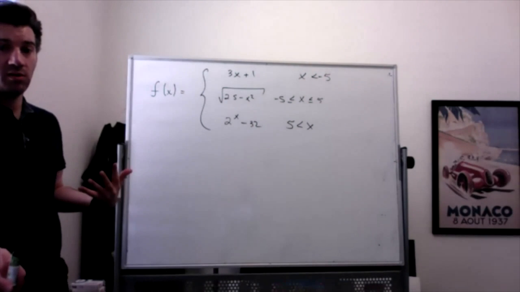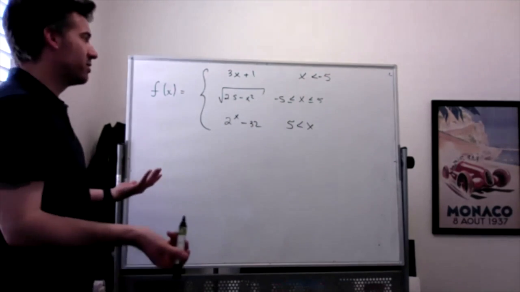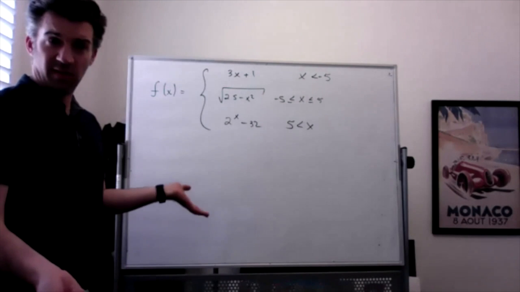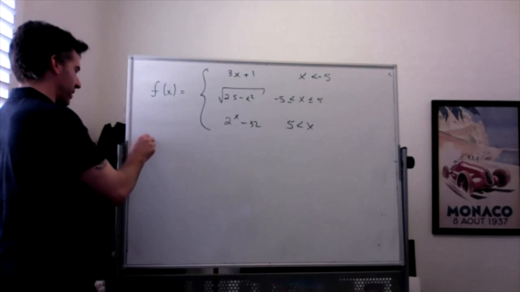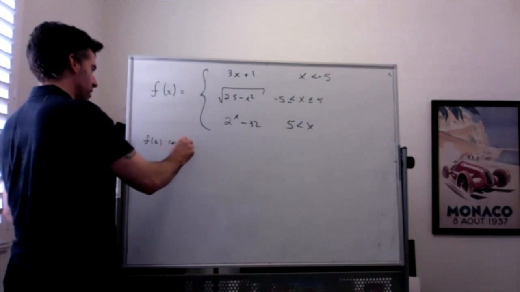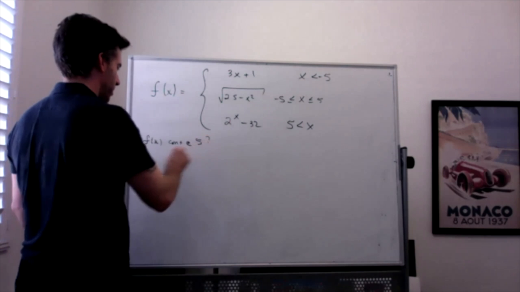So now we don't get to be so loosey-goosey with the 5s, right? Here, let's say, okay, is f of x continuous at 5?